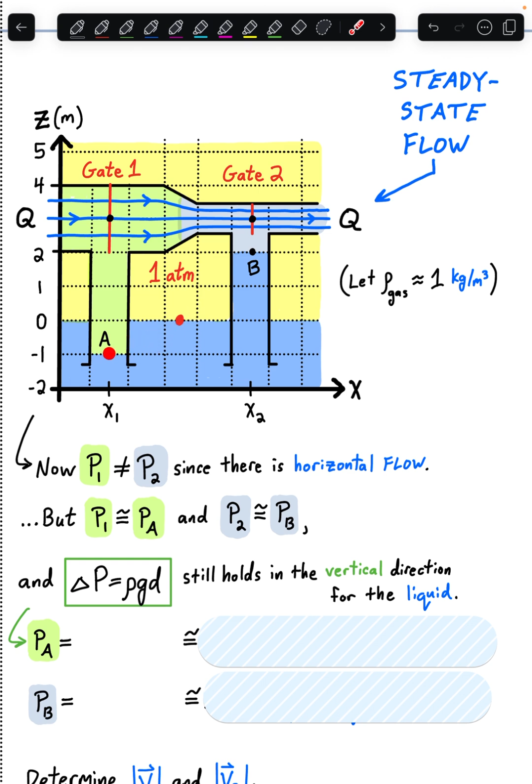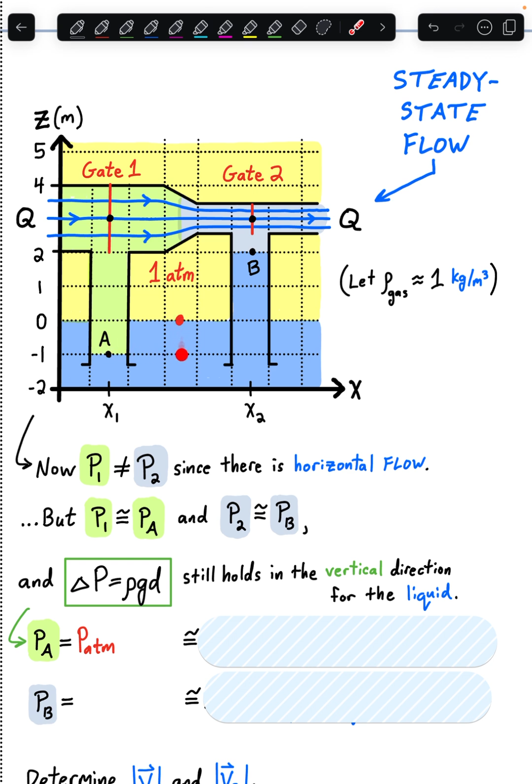So the pressure here at A should be equal to the atmospheric pressure, 1 atmosphere here at the gas-water interface, plus rho times g times the difference in height between those two locations.